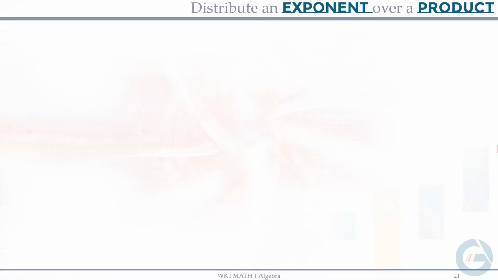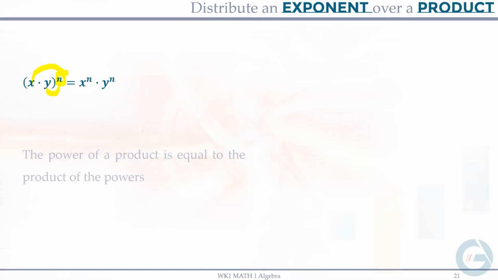Okay, next, we can distribute an exponent over a product. For example, we have x times y, and we raise it to the power of n. You can distribute that n over multiplication, to x and to y. So the power of a product is equal to the product of the powers. For example, we have 2 times 3, then we raise it to 2.